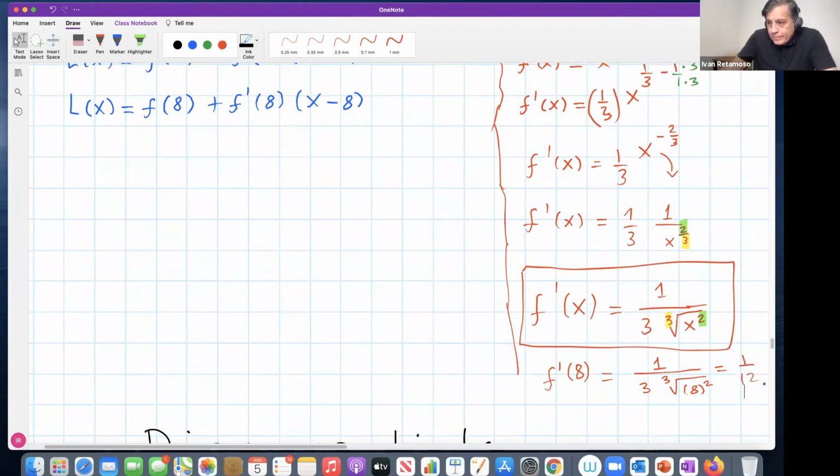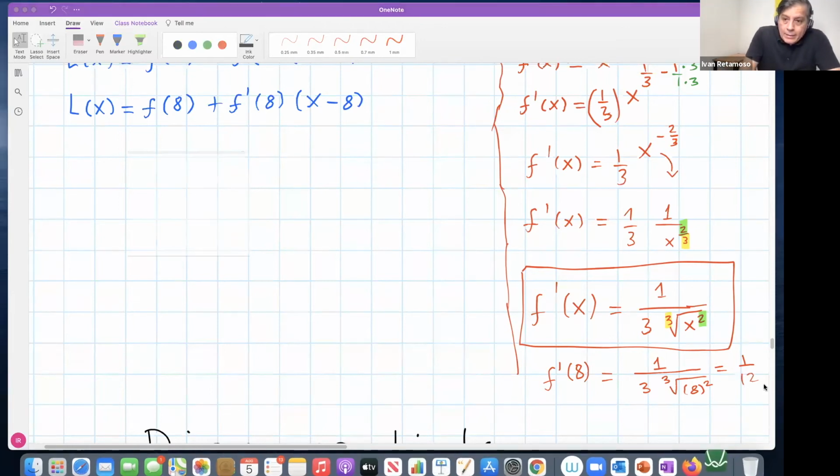This 1 over 12 can be gotten also with the calculator, okay? How, Professor, can we get it with the calculator?